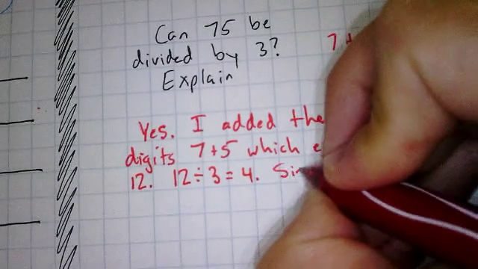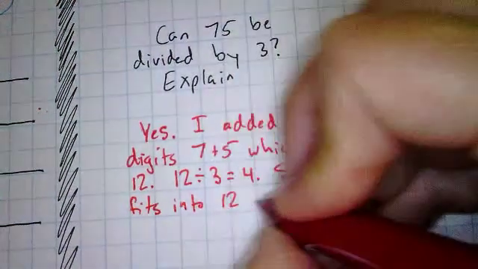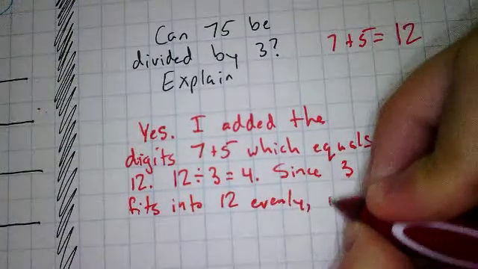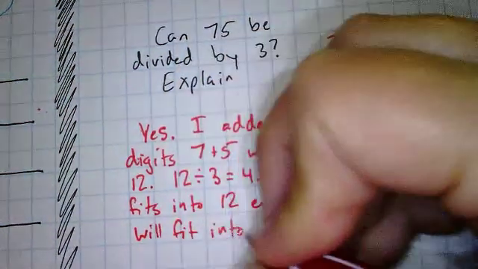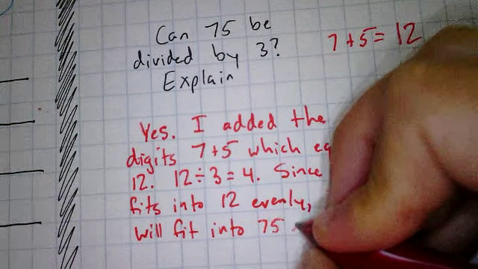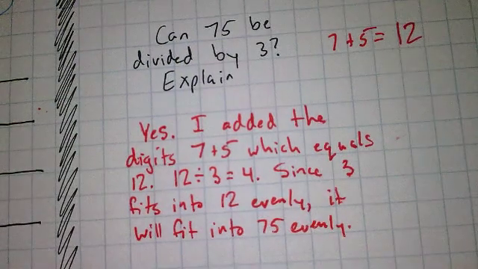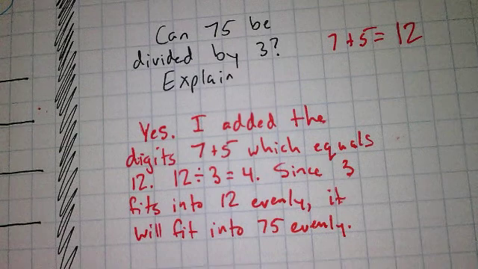So, since 3 fits into 12 evenly, it will fit into 75 evenly. Okay, I'm just writing what I did. I added, I got 12, 3 fits into 12. Since 3 fits into 12, it will also fit into 75.